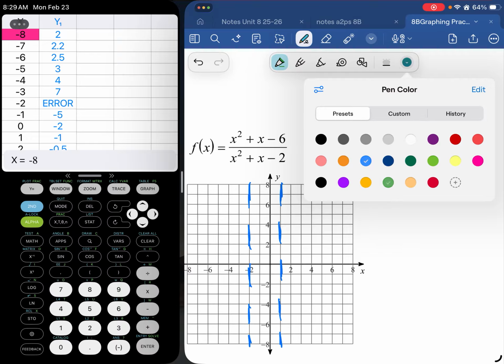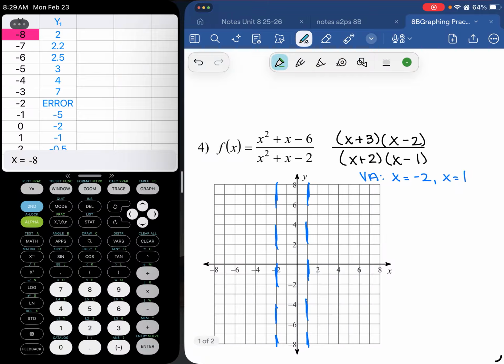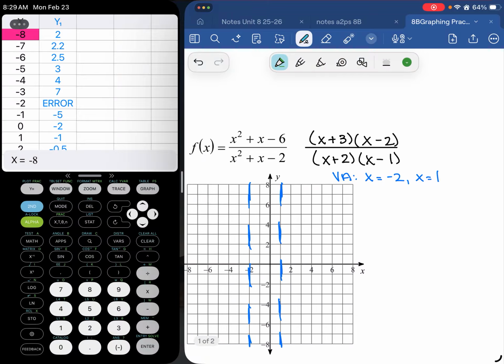Horizontal asymptotes come from the original problem before we start anything. Since nothing canceled out, I have x squared over x squared. So those values are going to be 1 divided by 1. So I have an asymptote at y equals 1.